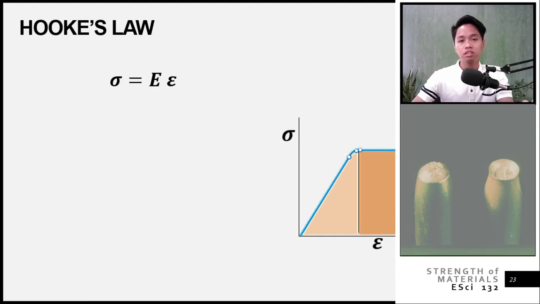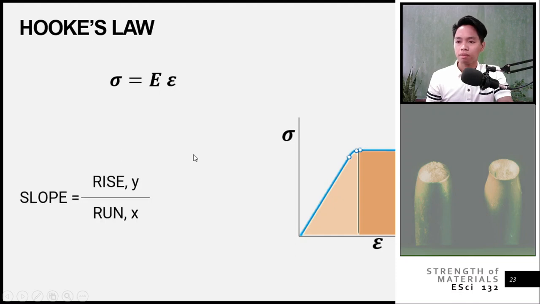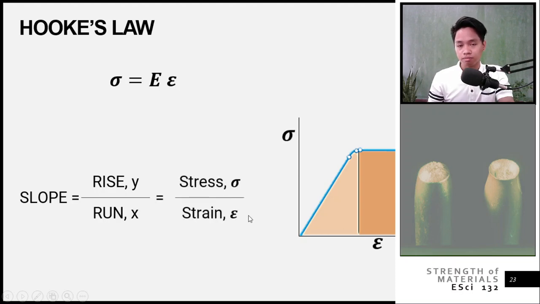So I always use this formula of E as the slope of the stress-strain diagram. What does slope mean, sir? Your slope is simply rise over run, or vertical over horizontal. In this case, using your stress-strain diagram, your rise is equal to your stress and your run is equal to your strain.